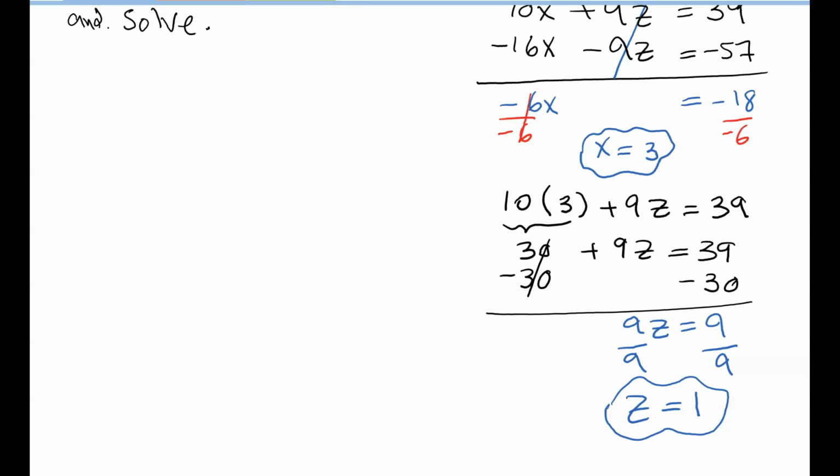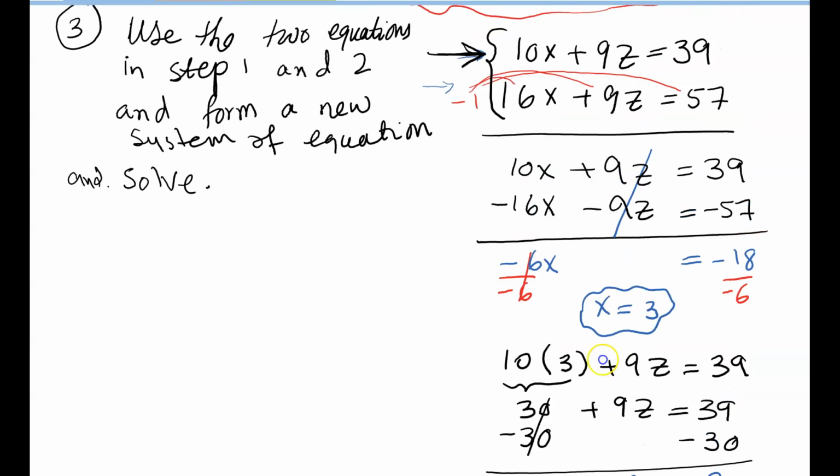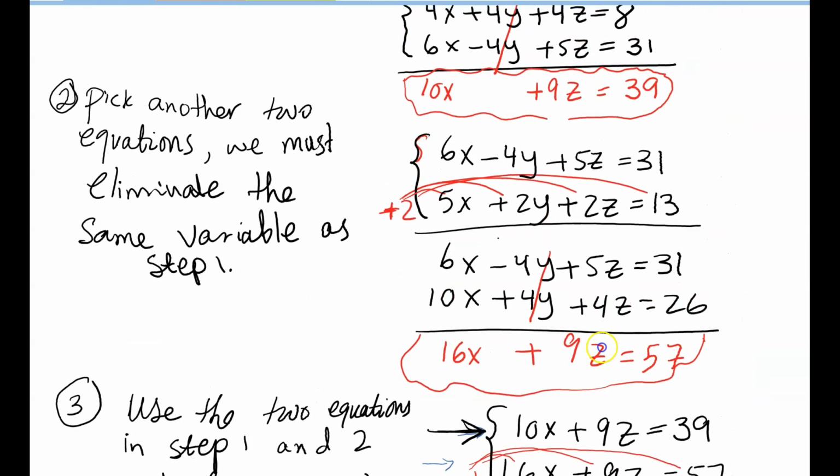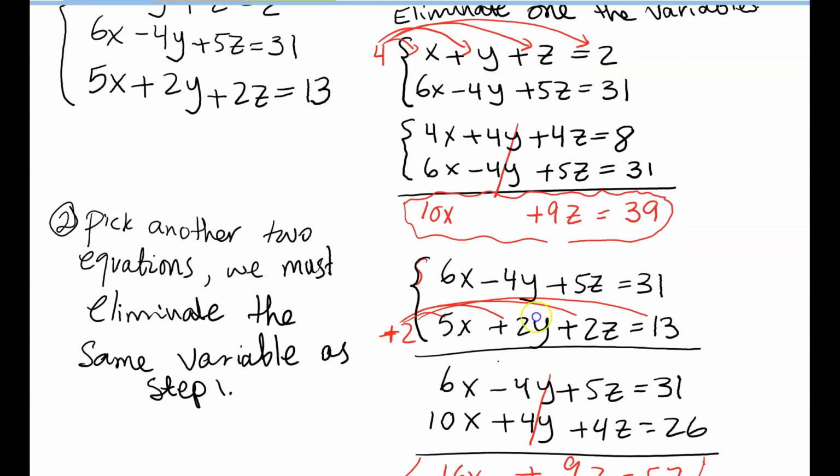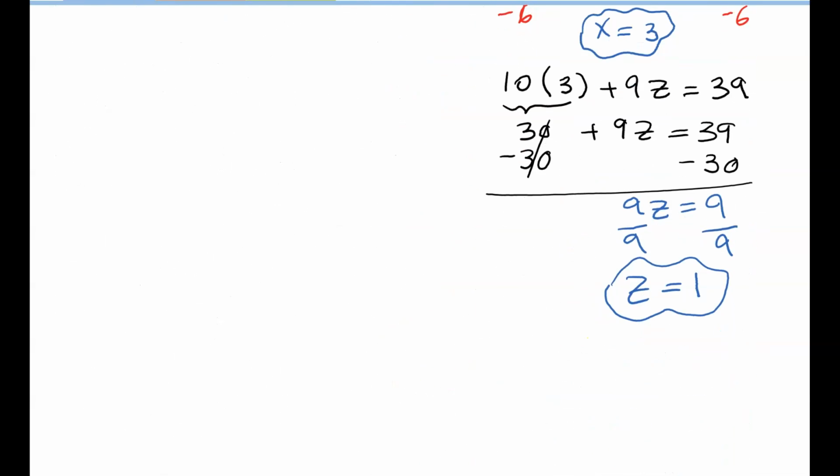Now you need to find the third unknown. To find the third unknown, you're going to use one of the originals that involves x, y, and z, and you pick one out of the three equations. I'm going to pick the first one: x plus y plus z is equal to 2. I know x is 3 now, z is 1, so I'm going to find y.